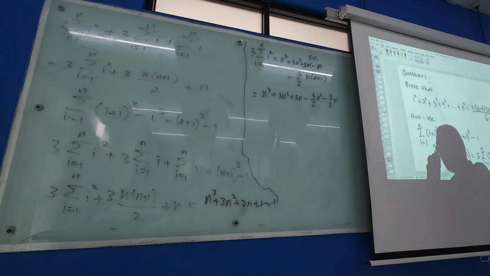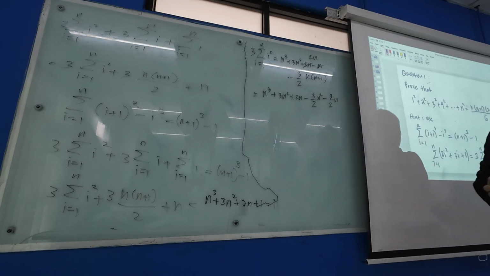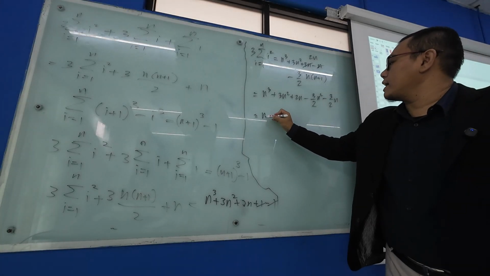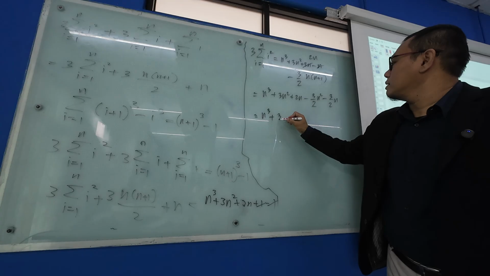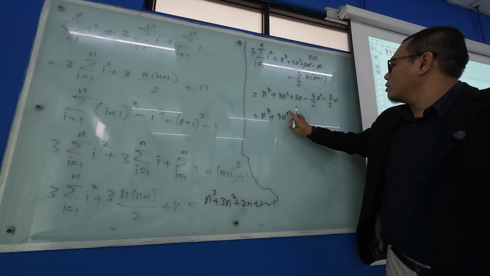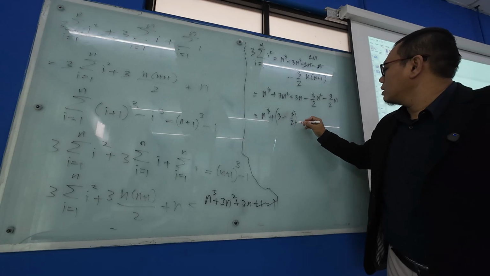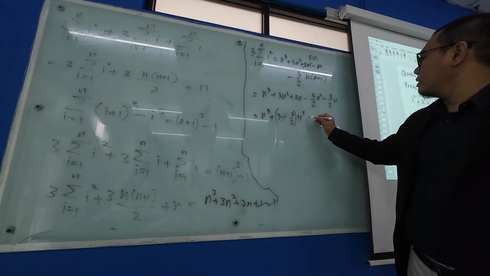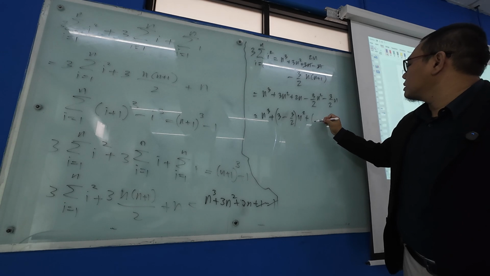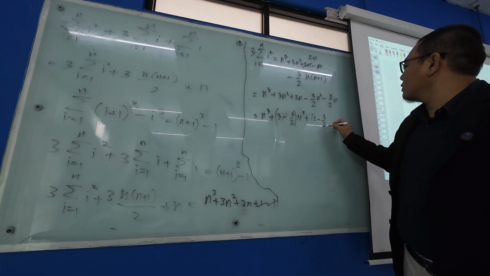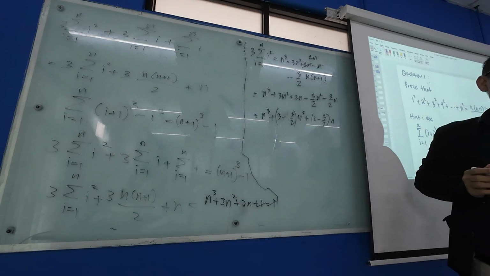So 3n square minus 3 over 2 n square, what is that? I can write this as n cubic plus 3 minus 3 over 2 times n square, and then plus 2 minus 3 over 2 times n.